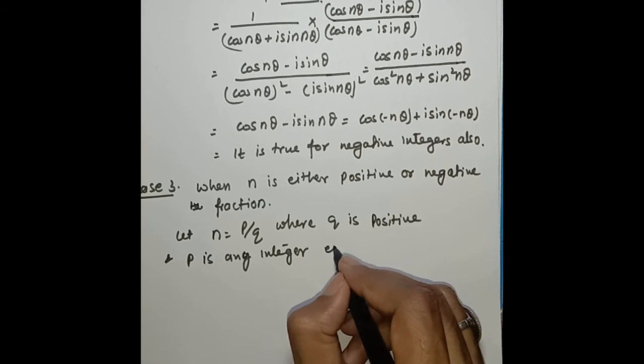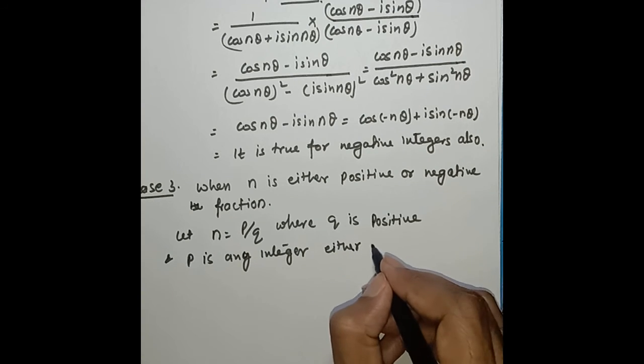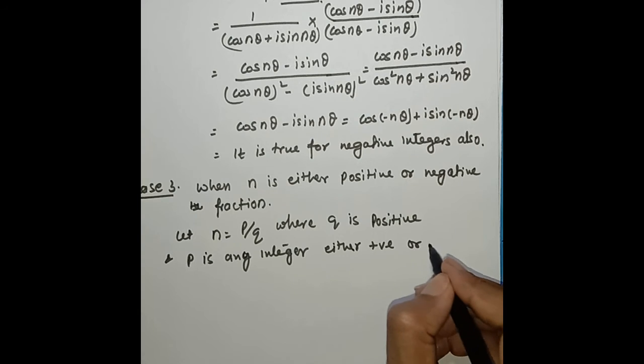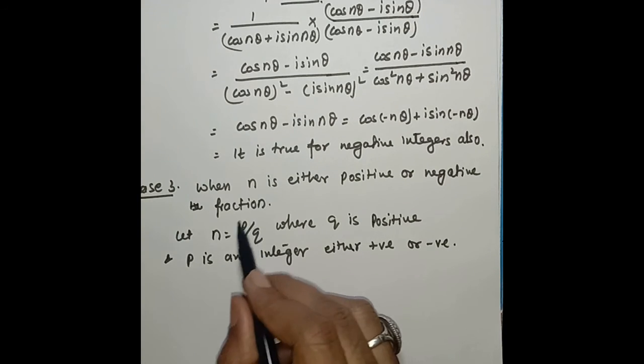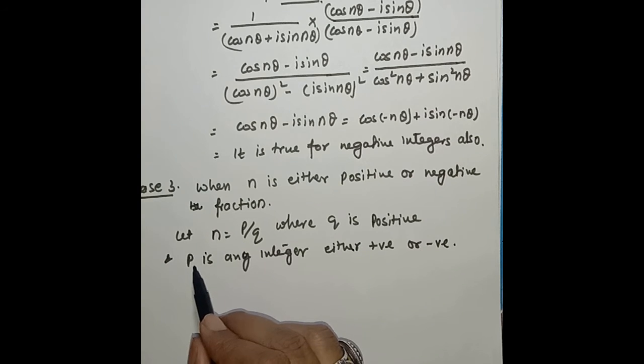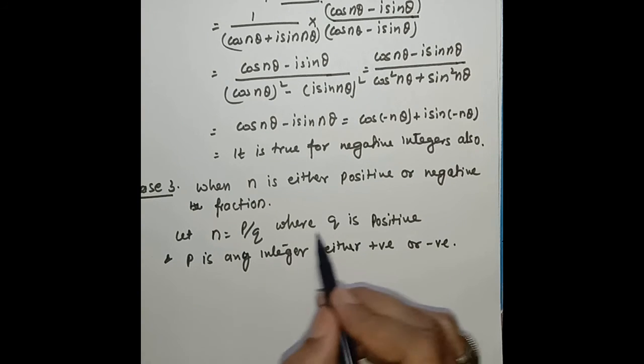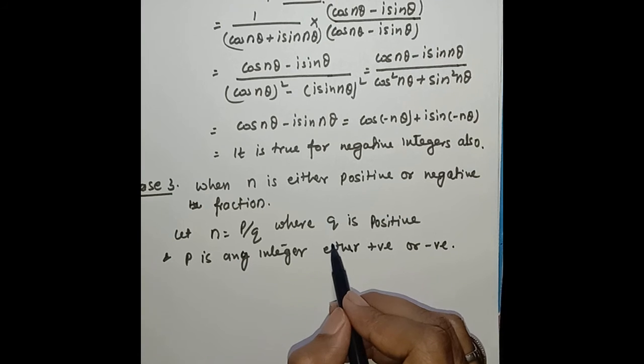That means either positive or negative. If p is positive, the fraction is positive. If p is negative, the fraction is negative, and q is always positive.